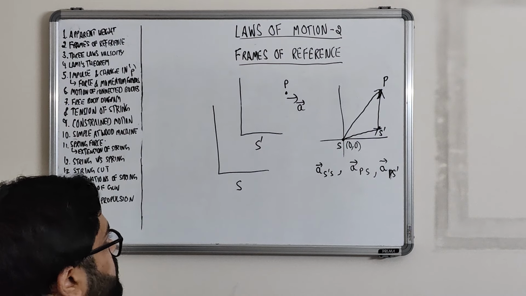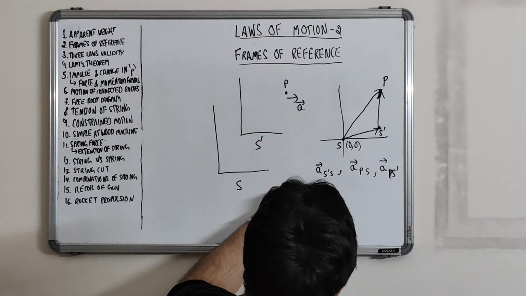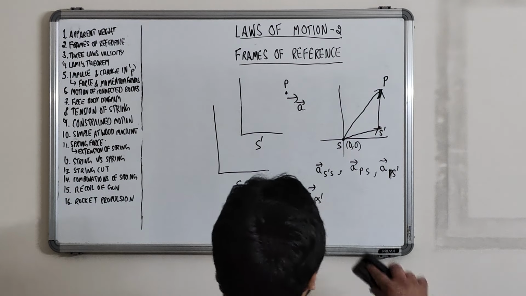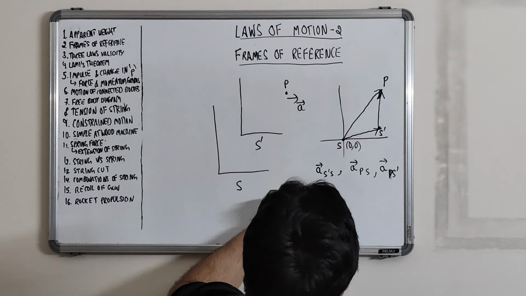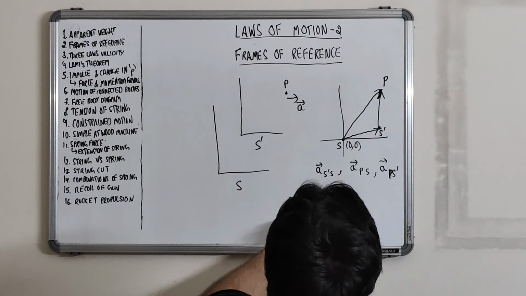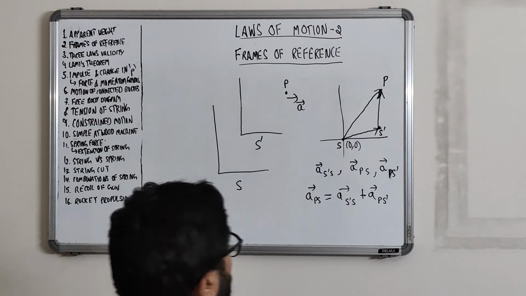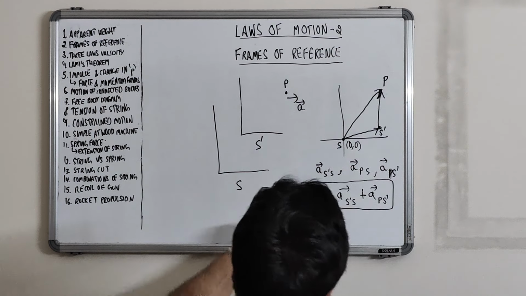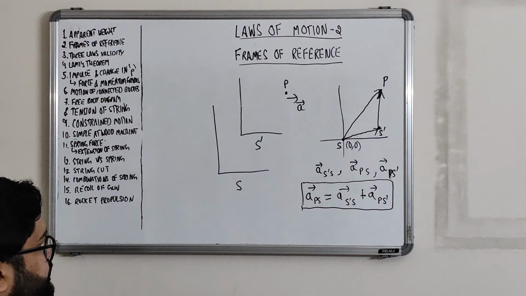So if you think about it, a PS is the resultant of a S dash S and a PS dash. It's not an exact formula, it's just vectors.